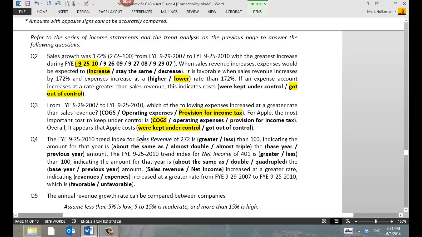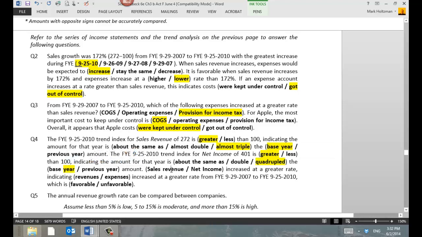The 2010 trend index for sales revenue of 272 is greater than 100, indicating the amount for that year is almost triple of the base year. The 2010 trend index for net income of 401 is greater than 100, indicating the amount for that year is quadrupled the base year.